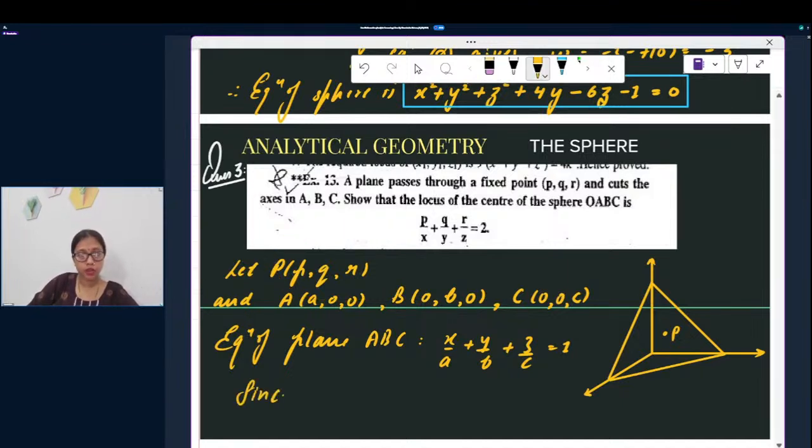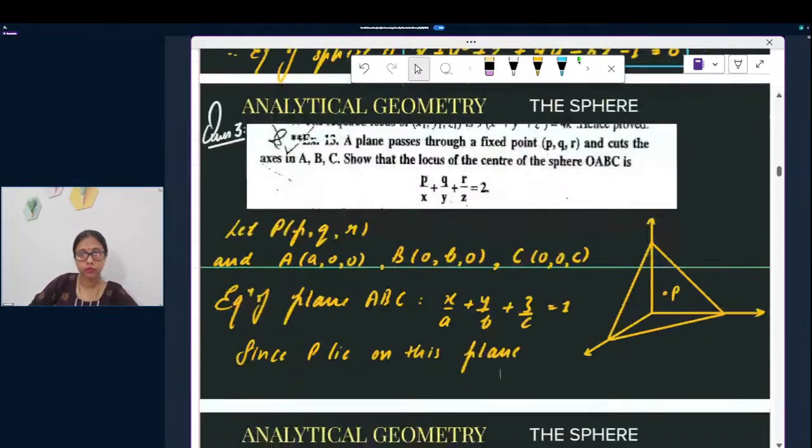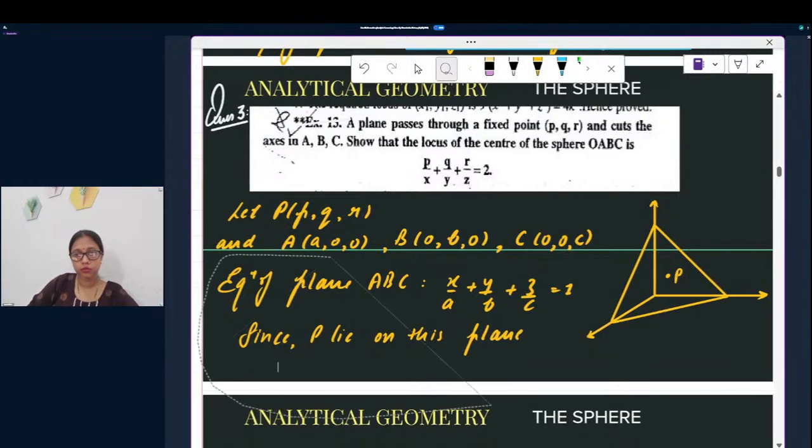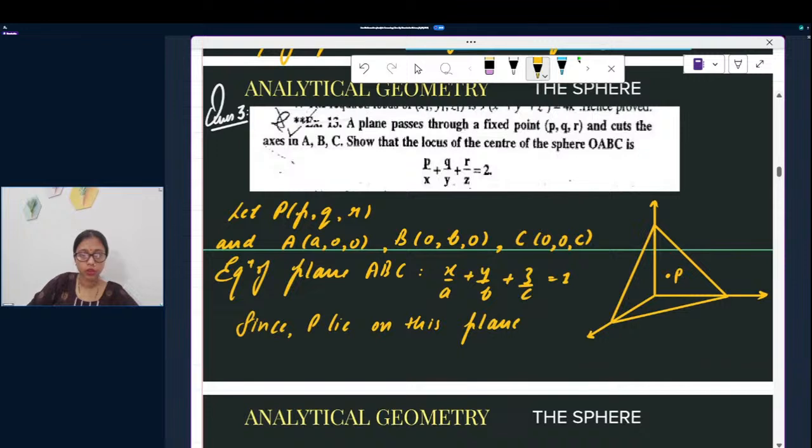Since P lies on this plane, therefore p by a plus q by b plus r by c is equal to 1. This is the equation of the plane, right?